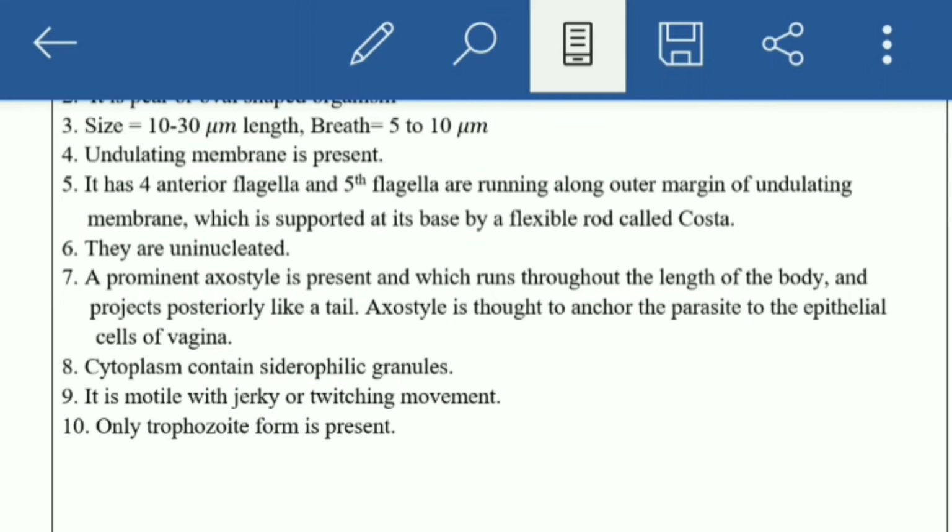The cytoplasm contains many siderophilic granules, which are granules with iron content, having more affinity towards iron. Coming to locomotion, the movement of this protozoan is jerky, like a twitching movement. And as I mentioned before, only the trophozoite form is present in Trichomonas vaginalis.